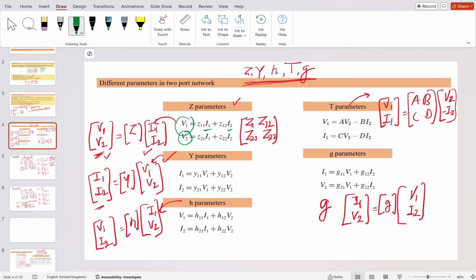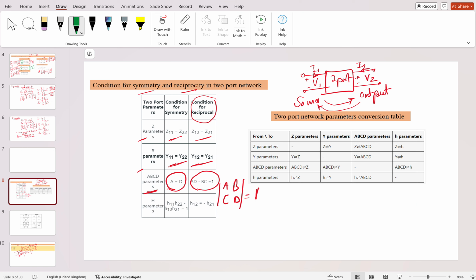That is the Z matrix, which is very important in solving questions. For each type of parameter you get one matrix, like Y11, Y12, Y21, Y22. For the Y matrix, I1, I2 are in terms of V1, V2. So these are the five parameters which are important in the two-port network. Second, for these two-port networks, what is the condition for reciprocity or symmetry?